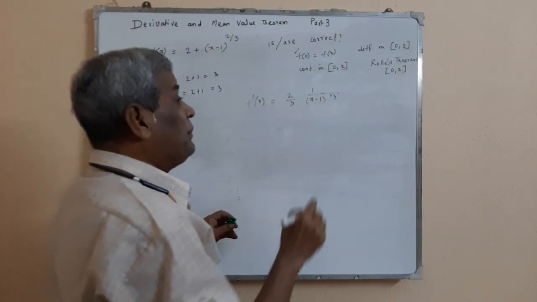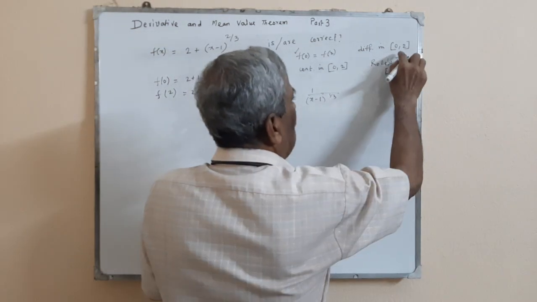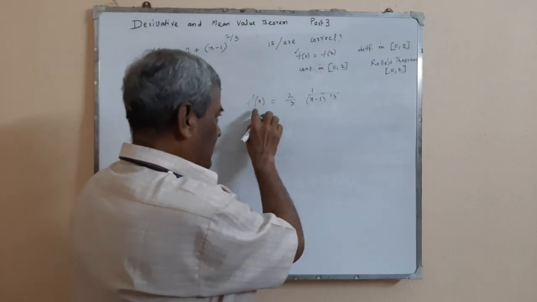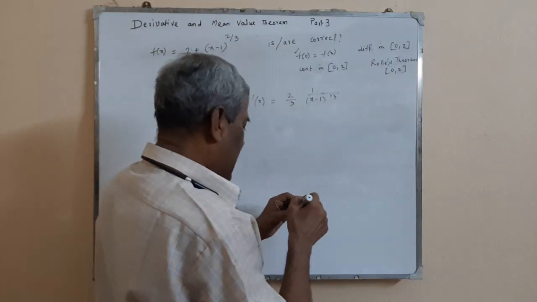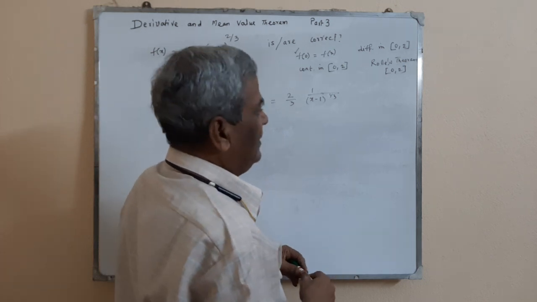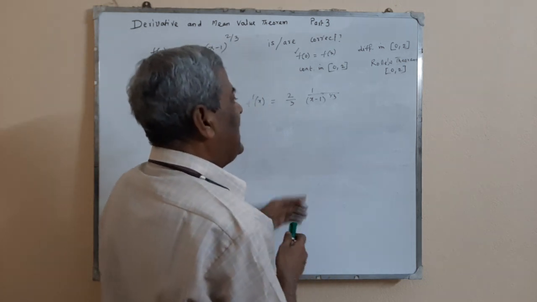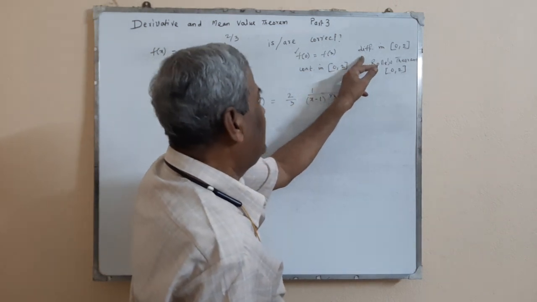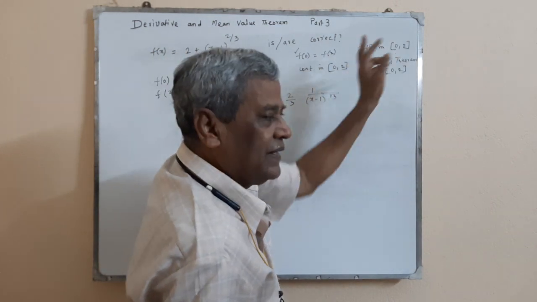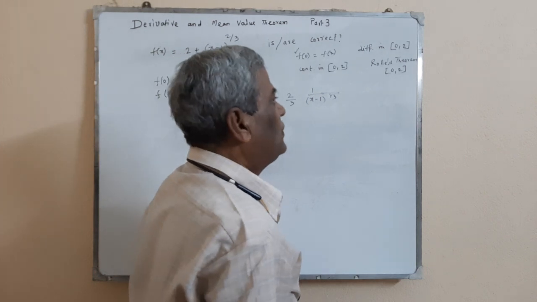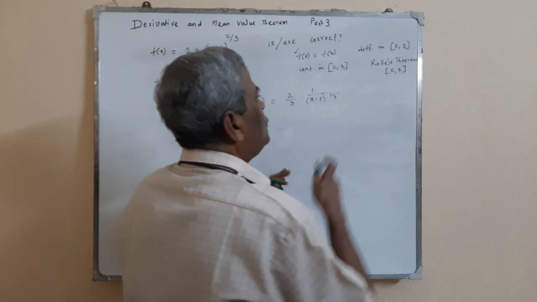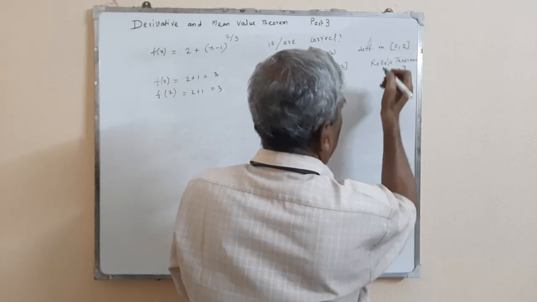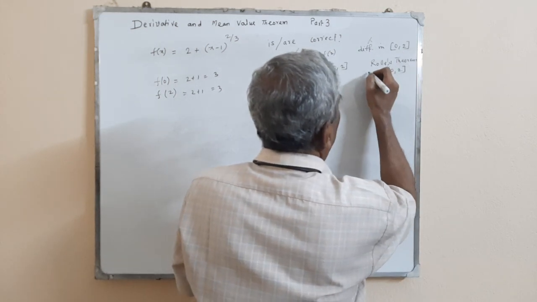Now, it is derivable or not within the interval (0, 2). The derived function has a denominator and that denominator vanishes at x is equal to 1. So it is not derivable in the range 0 to 2. So this is not possible. If this is not possible, Rolle's theorem is also not applicable.